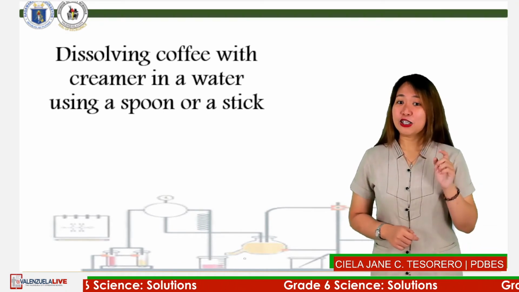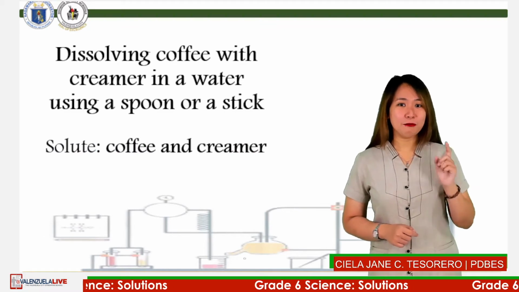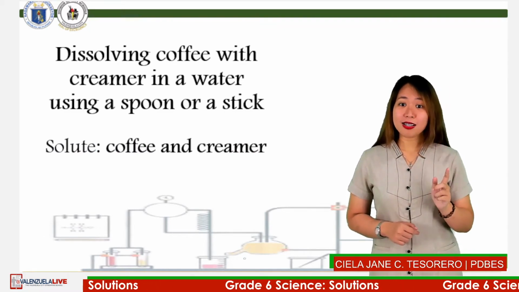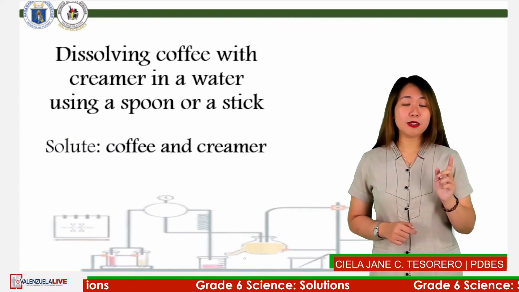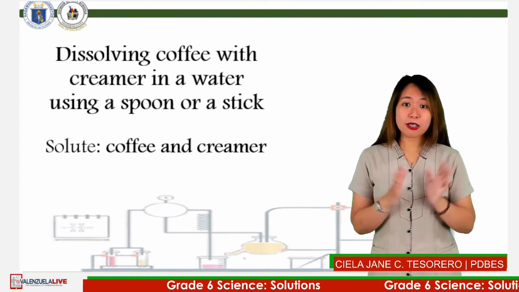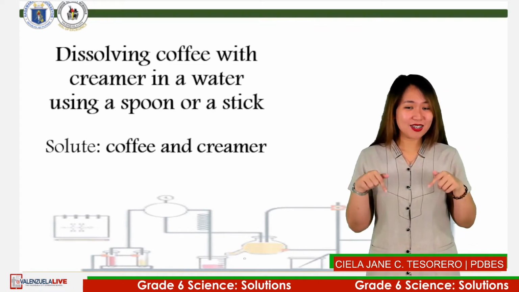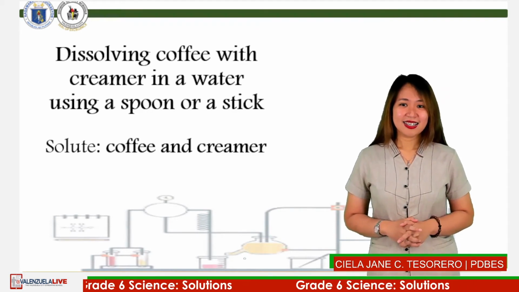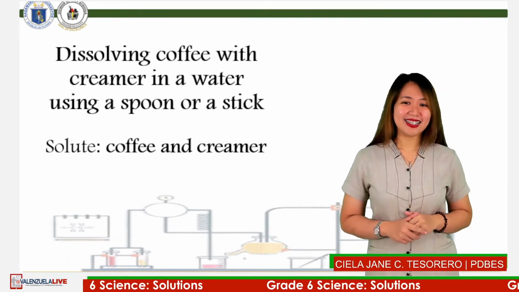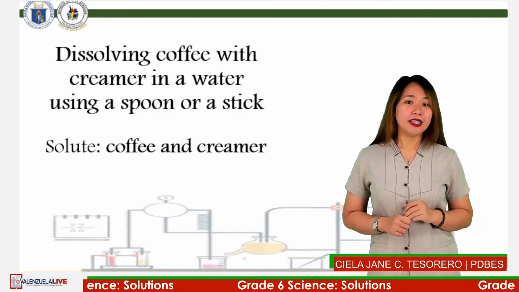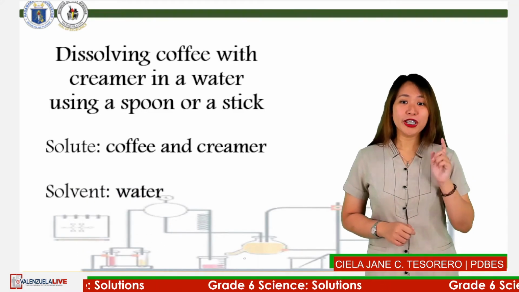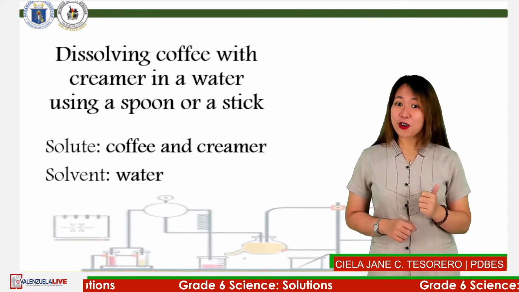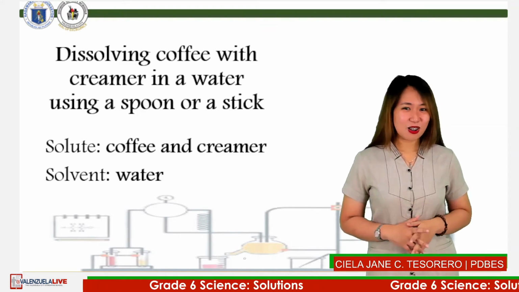The solute is the coffee with creamer because it is the substance being dissolved. How about the solvent? Type in your answers. You are correct. The coffee and creamer are dissolved in water. Therefore, water is the solvent.